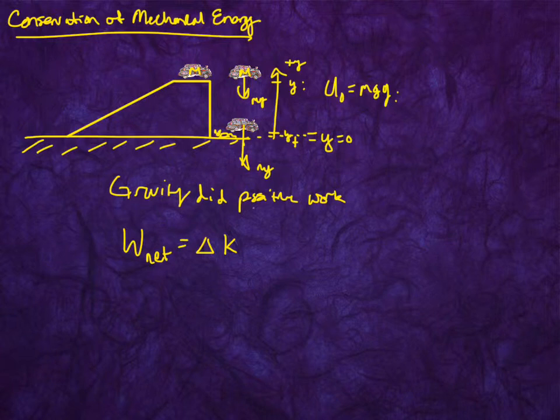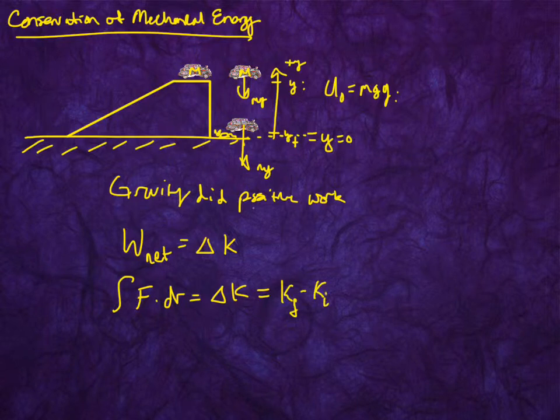So work equals the integral of F dot dr, I'm not going to bother with the vectors yet, which is equal to delta K. But delta K we also know, whenever we have a delta, it means what? It's the change in, which is defined as our final minus our initial. So K final minus K initial: whatever kinetic energy we started with, subtracted from the amount of kinetic energy we finish with.